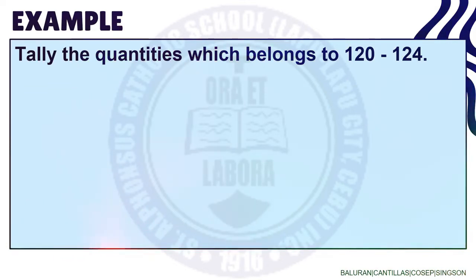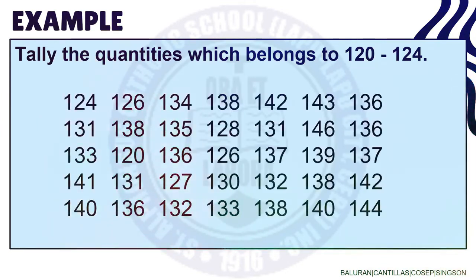So we have to tally the quantities which belong to 120 to 124. So let's go back to our given data a while ago. So this will be the heights of the 35 students. So we will consider quantities starting from 120, 121, 122, 123, and 124.